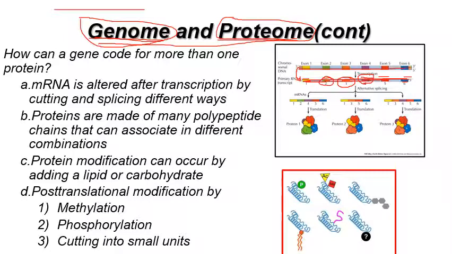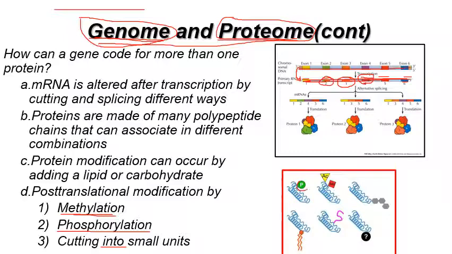Along with making different amino acid sequences, proteins can also be modified by adding different groups. Phosphorylation is adding a phosphate group, methylation is adding a methyl group, or proteins can be cut into smaller units. You don't need to know what a methyl group is, but you can see these are modifications to the proteins.